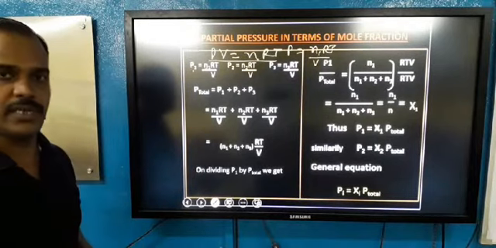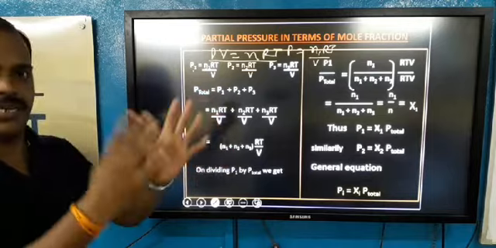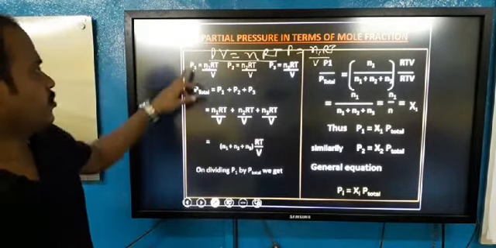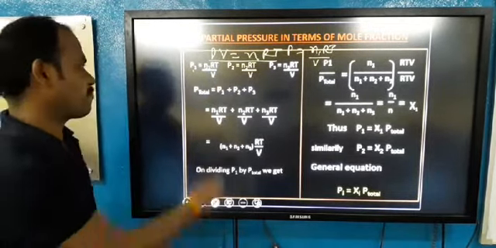For a container, temperature is constant because all the gases are kept in that container. Volume of that container is constant, so only the change is in number of moles. So P1 is equal to n1 RT by V, like that P2 and P3.